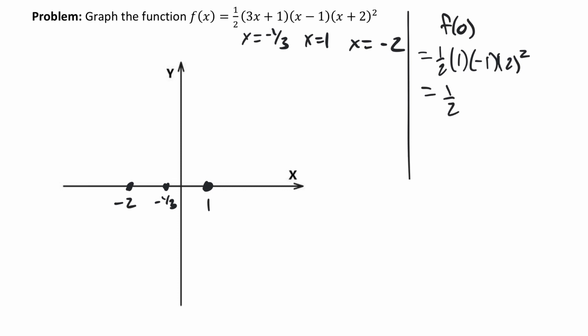So we get 1/2 times -1 times 4, which is -4/2, or -2. So down here we have the y-intercept at -2.